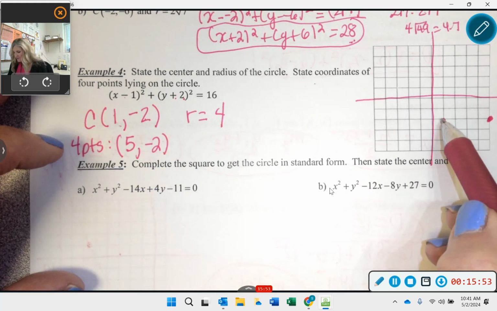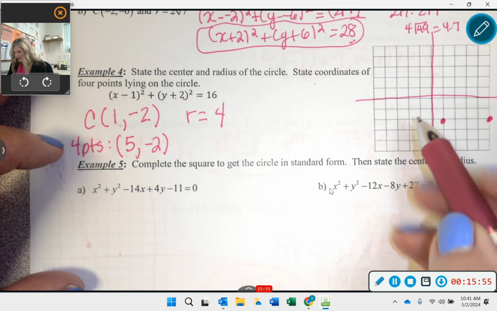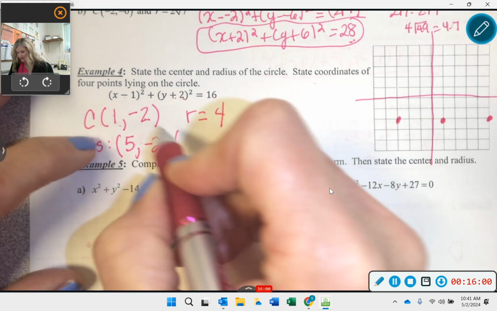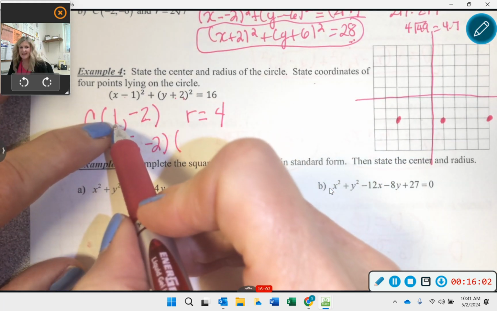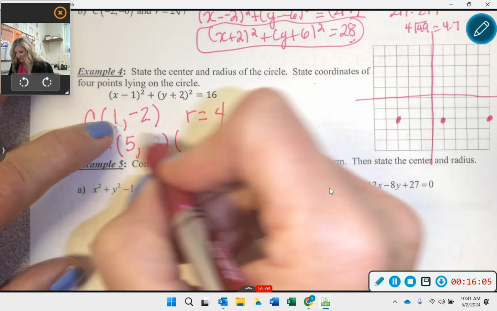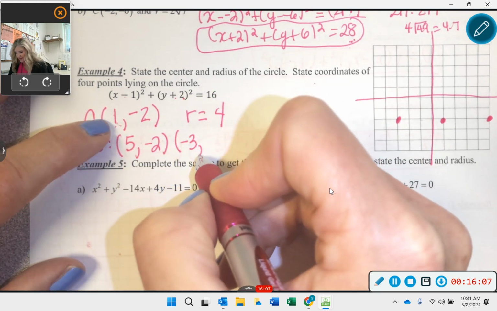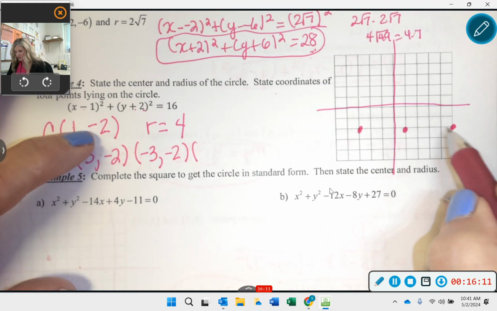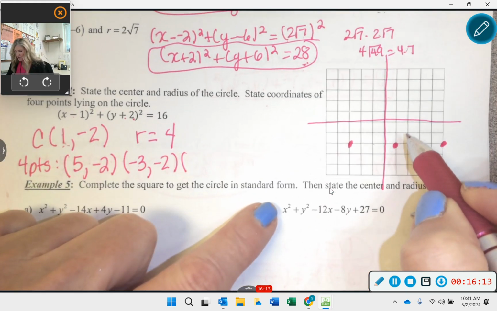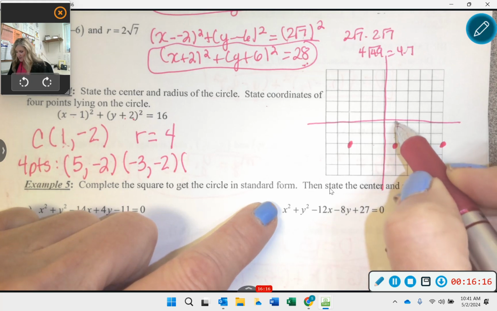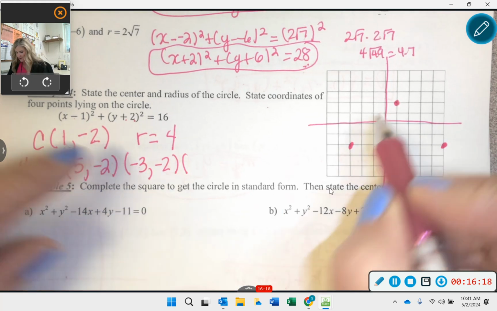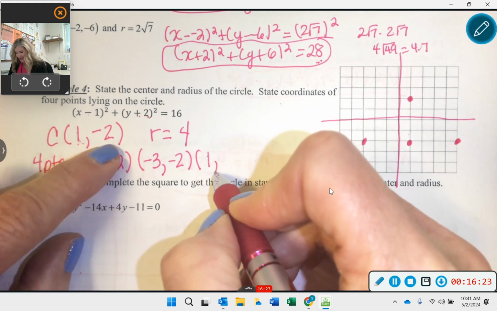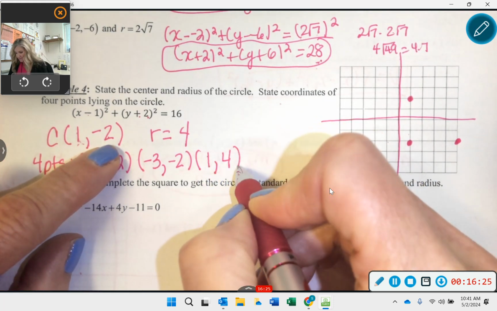Now I'm going to go left 4. 1, 2, 3, 4. I could count this out, but if I go to the left 4, I'm just going to take this 1 and subtract 4 from it. 1 minus 4 is −3, and my y does not change. Those are 2 points. I need 2 more. I'm going to go up 4. 1, 2, 3, 4. If I go up 4 from my center, my x doesn't change, but I have to add 4 to my y.